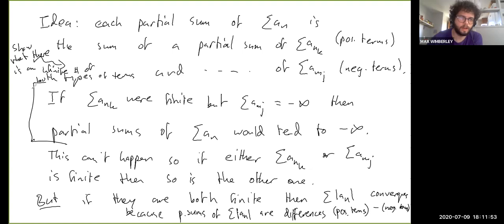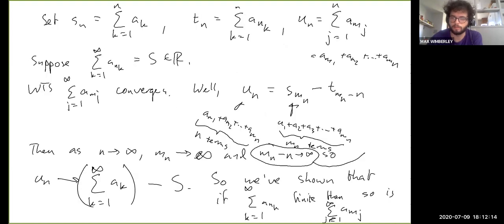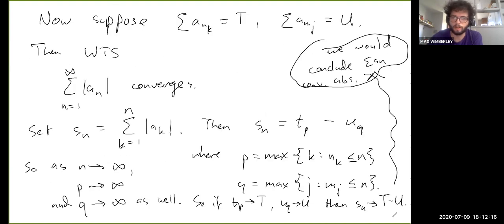But I think that's not too hard to do. It's a similar thing: if there was only a finite number of one type, then the sum of all the other, infinitely many terms would have to be finite for the whole thing to converge. Then you run into the exact same issue as over here, where it would end up converging absolutely if that happened.